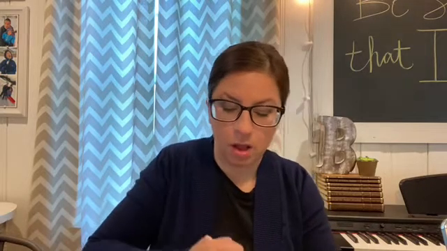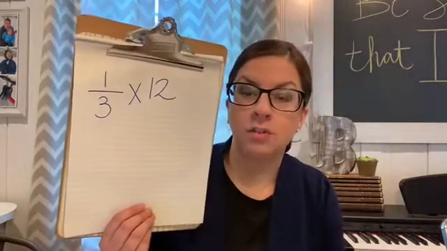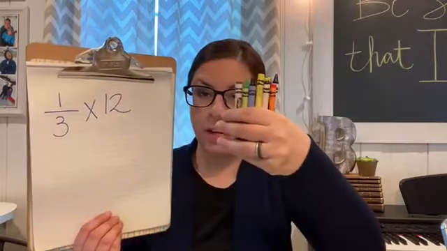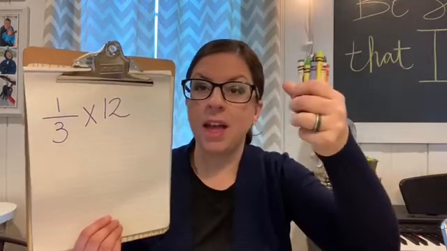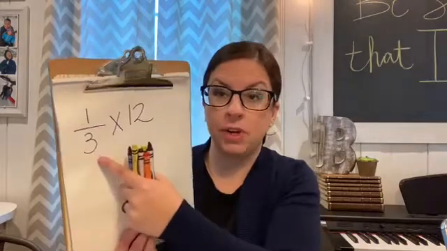Anytime you're multiplying a fraction by a whole number, you can say the word "of" instead of "times." So I'm going to say 1/3 of 12. I need to break 12 into 3 groups and find out what 1/3 of that is, so 1 out of 3 groups.